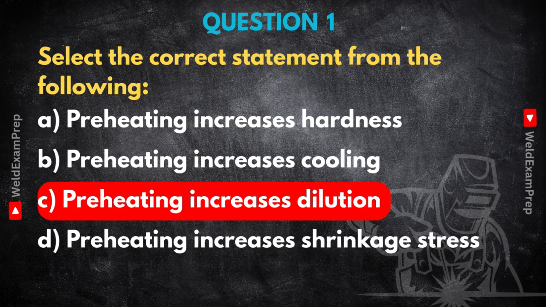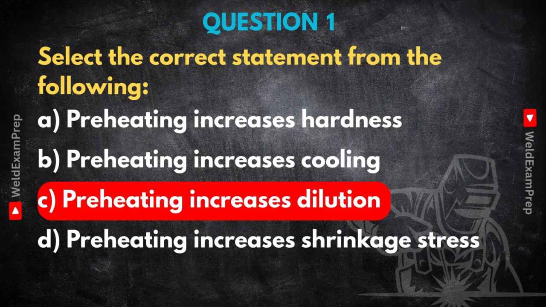Essentially, factors controlling how much base metal melts and mixes into that weld pool. So the arc parameters mostly. Right. Preheating's primary effects are thermal. It changes the starting temperature of the base metal before you even strike the arc. Now, while a warmer base metal might subtly influence the fluidity of the weld pool, it doesn't really directly or significantly increase the compositional mixing, the dilution. It's not its main job.